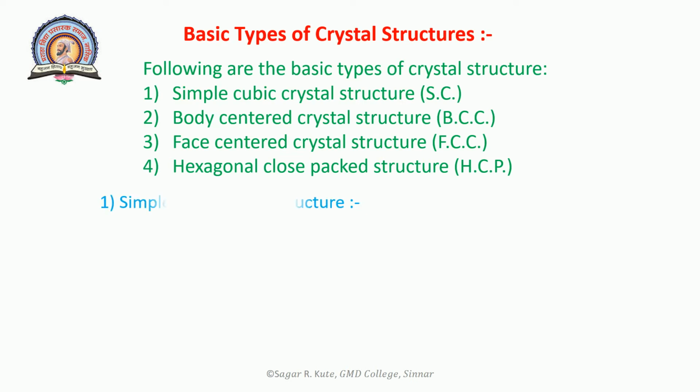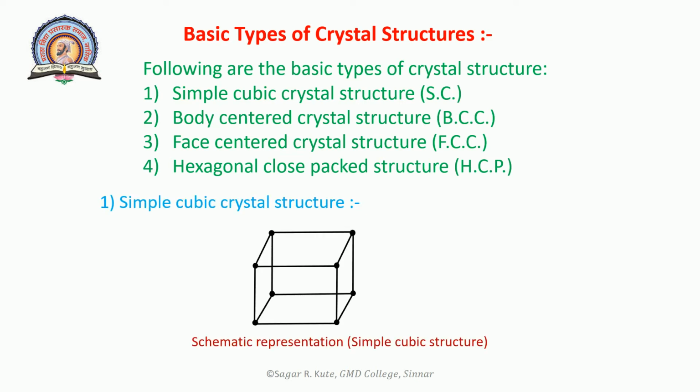Now first will be the simple cubic crystal. Now this will be the schematic representation of the simple cubic structure. In this crystal structure, the atoms are situated at the corners of the unit cell, that is one atom at each corner: first, second, third, fourth, fifth, sixth, seventh and eighth corner.